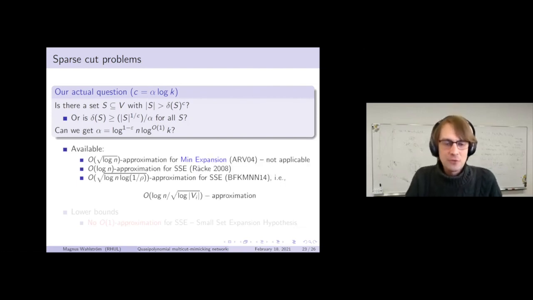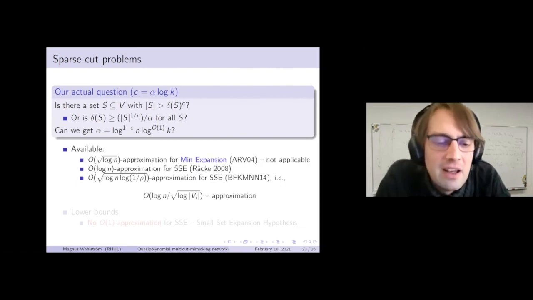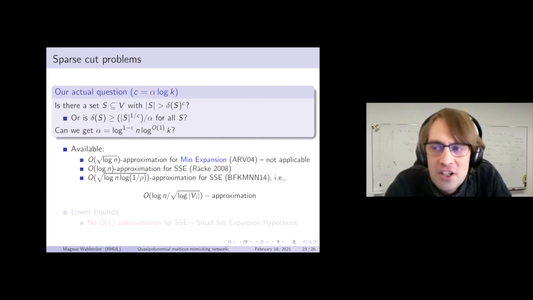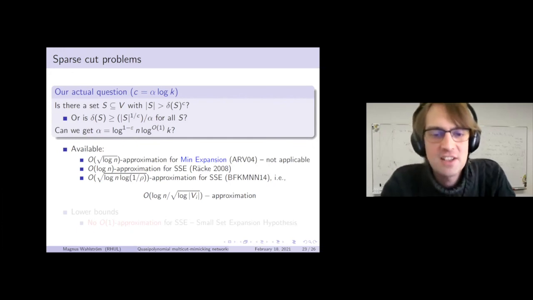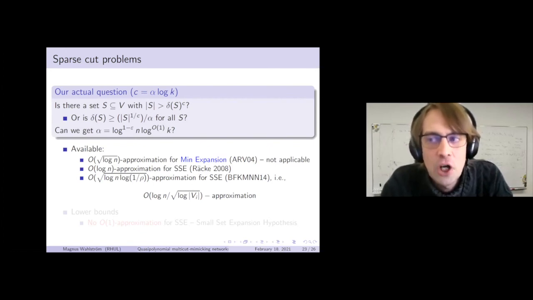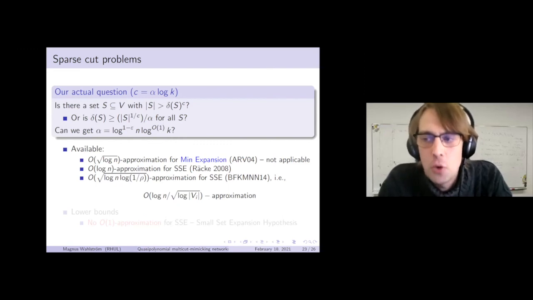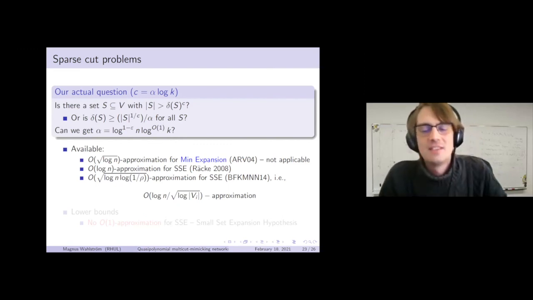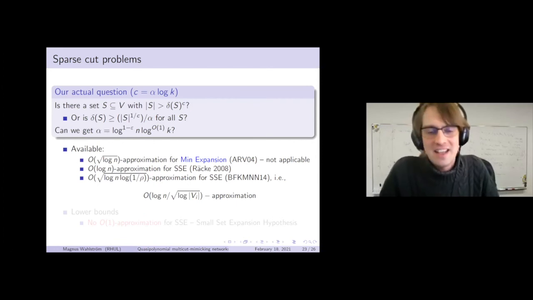If you look at what's available, if you want to optimize the expansion without worrying about the set sizes, you get the square root log n approximation. This is not applicable to our kernel at all, because we really need to focus on, subject to the cut containing at most i edges for i less than k, what's the worst case.